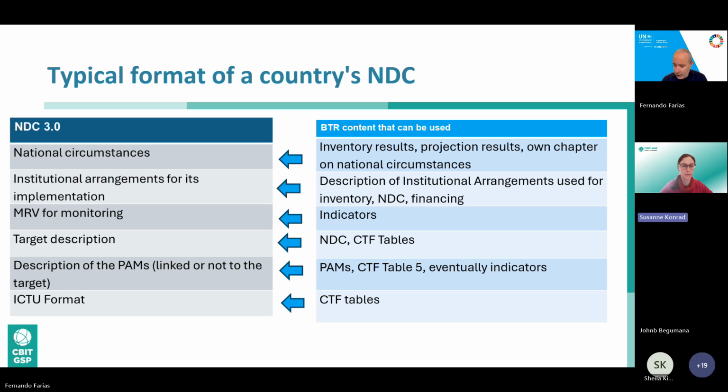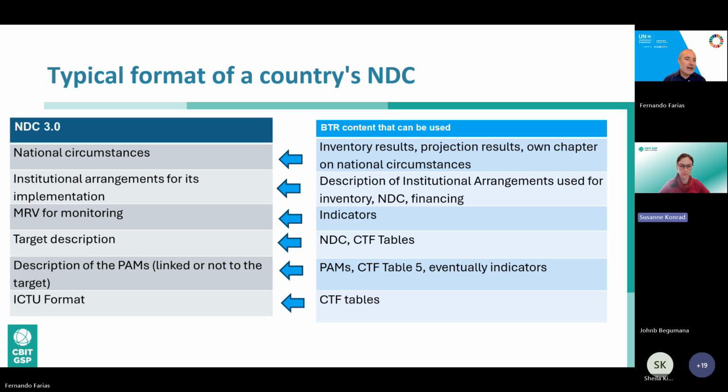In this slide, in a more schematic way, you can see that some elements of the BTR process can be used or serve as an input for the NDC 3.0 process. I found a number of elements that can be directly or nearly directly inputted into the NDC 3.0.